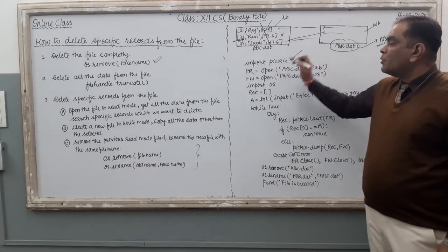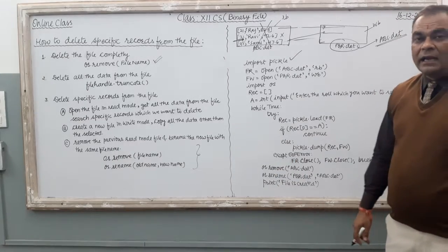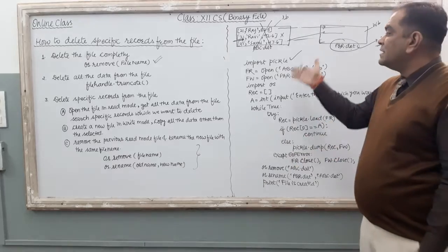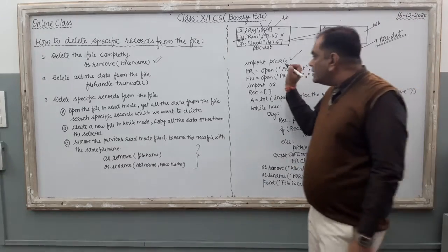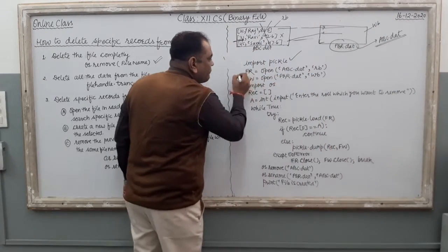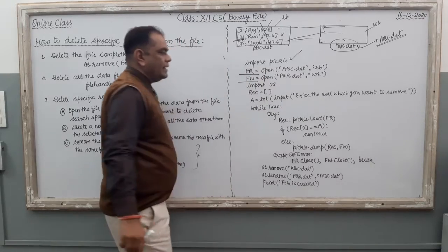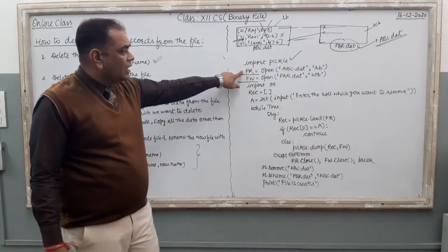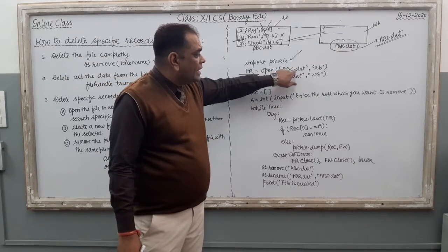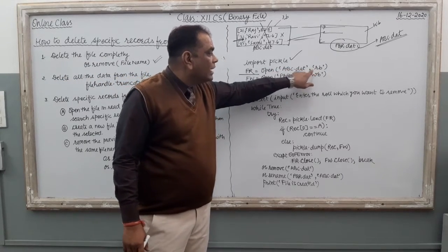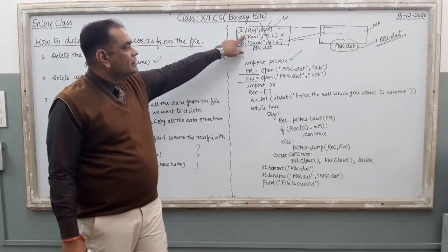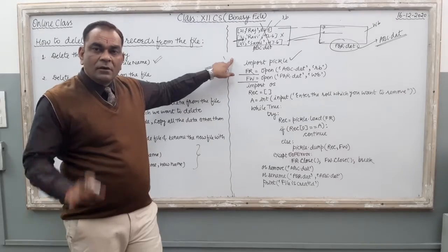Very first, import pickle. The pickle module is included in your program because read and write operations are based on this module only. So here just see, two different file variables are created. fr, file read. In this file handle, the abc.dat file with read mode is available with fr. abc.dat is loaded into fr.